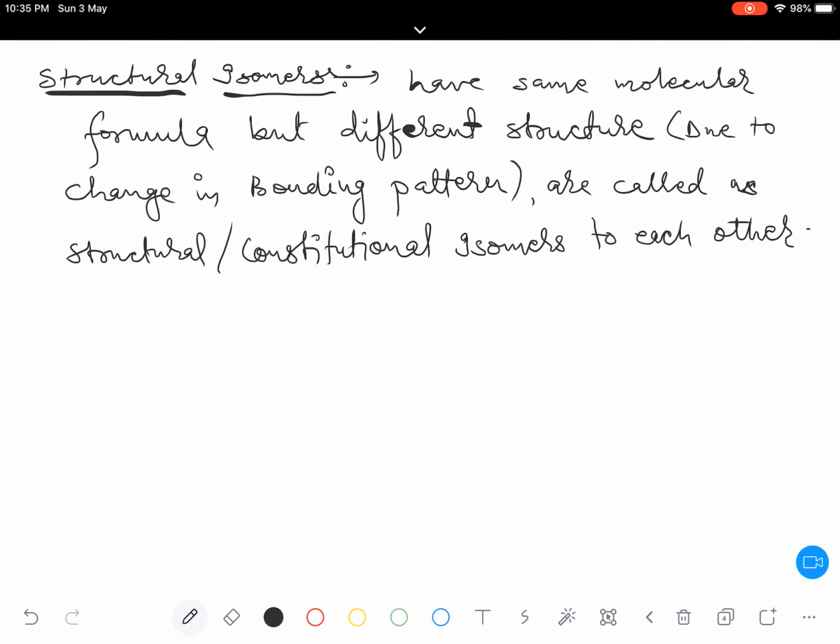Now one very important thing we have to write.